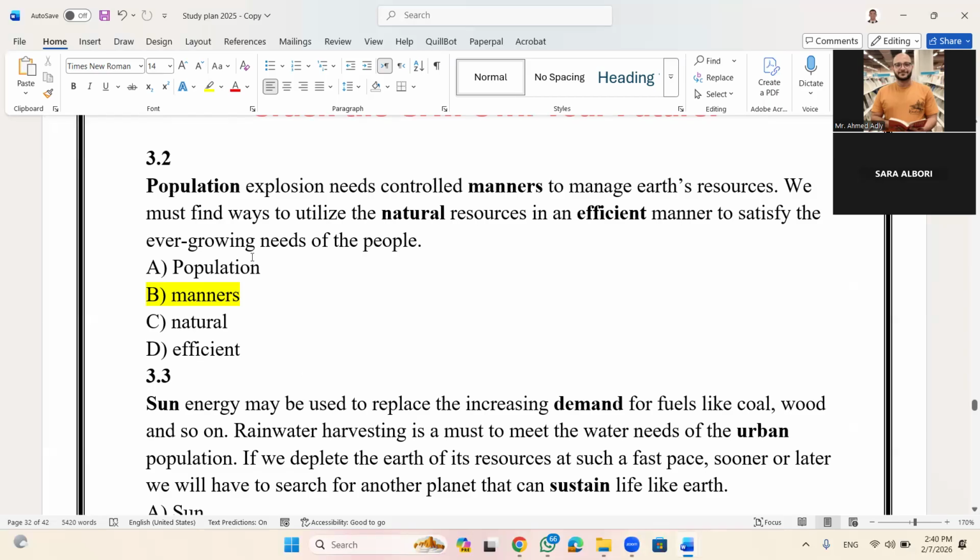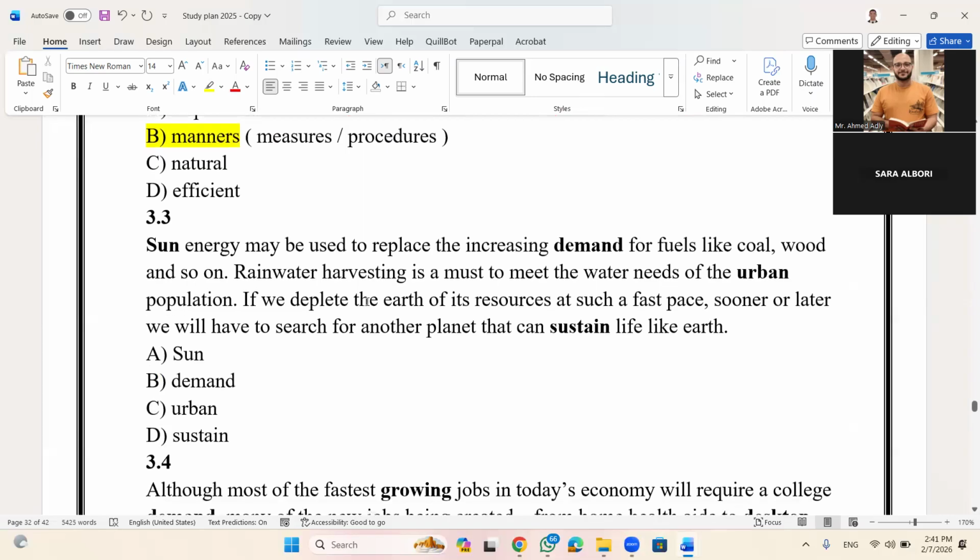But to fix a problem like population explosion, we need controlled steps, measures, procedures. These can solve a problem, not manners. Manners is the way you treat people, your behavior, right? Yes. Next.